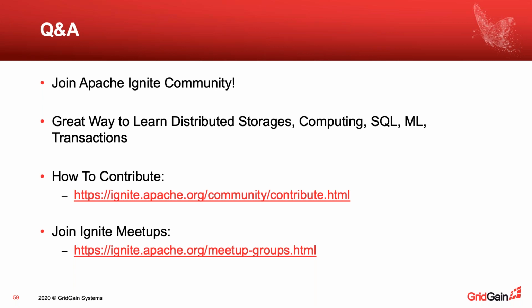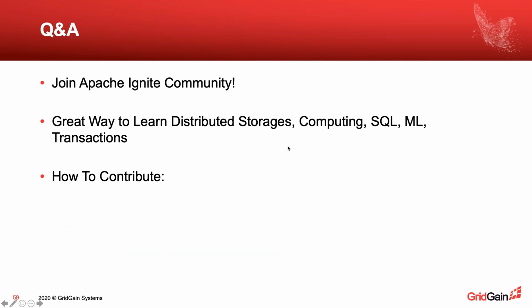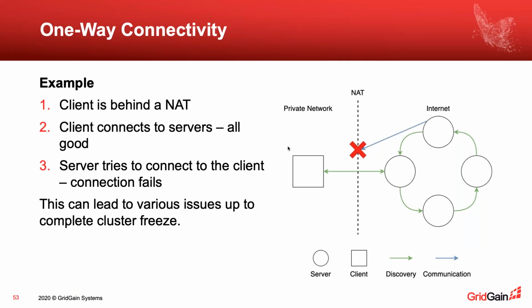The main things which are different are, first, the thing I would mention is this one-way connectivity which I illustrated. One-way connectivity is a pretty common issue for cloud, especially for public cloud, and especially for Kubernetes.